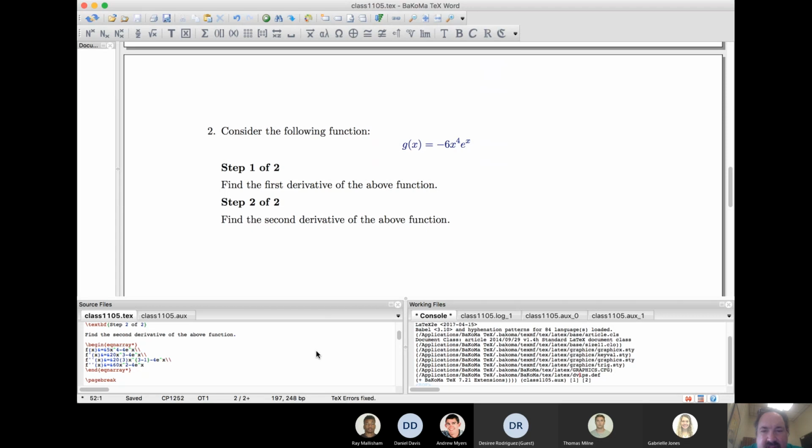Okay, this problem is asking for the same thing. Now, to take the derivative of this, what will we have to use? The product rule, yes, because here we have a product of x to the fourth and e to the x.